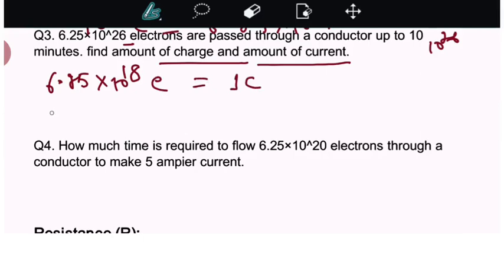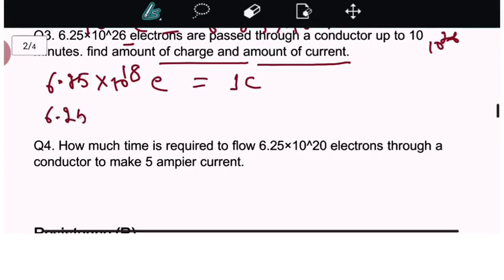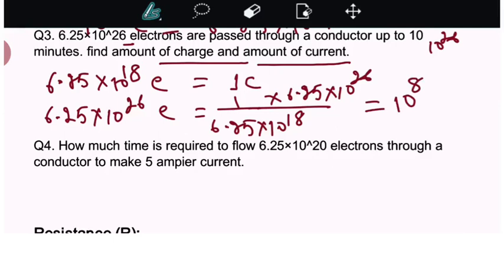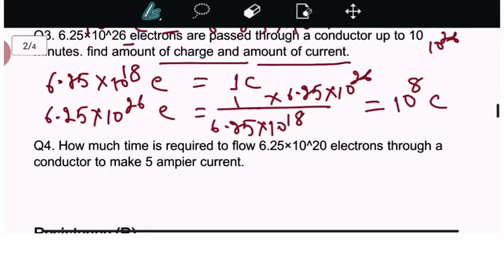Therefore, 6.25 into 10 to the power 26 electrons will be equal to 1 by 6.25 into 10 to the power 18 into 6.25 into 10 to the power 26. It is equal to 10 to the power 8 coulomb. It is the charge.